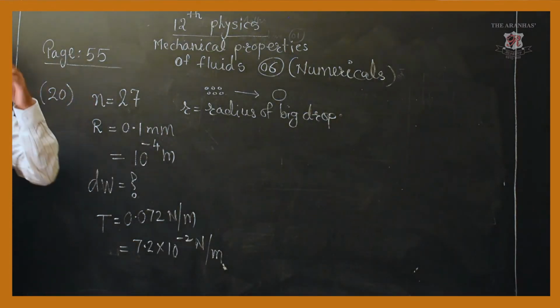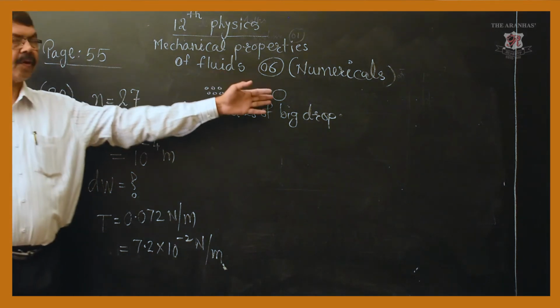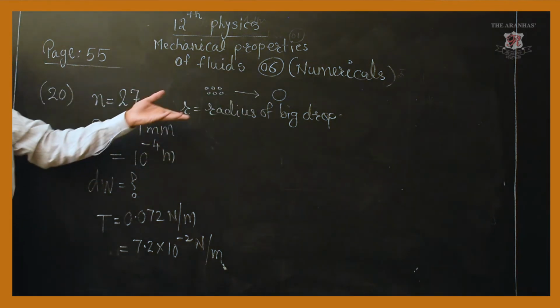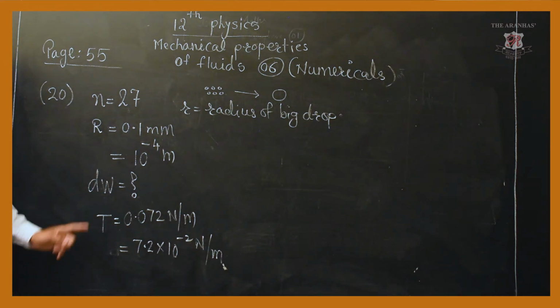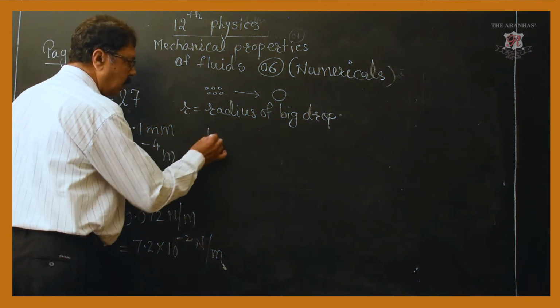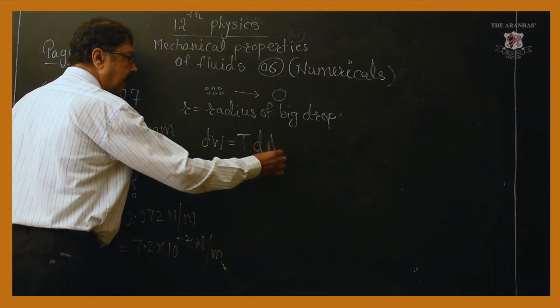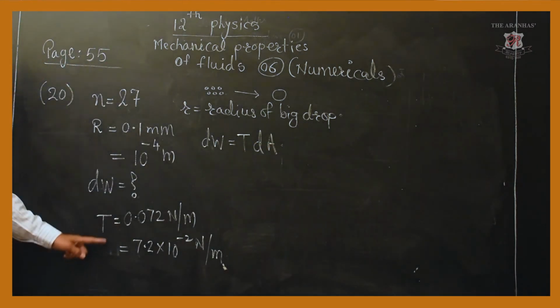So small droplets come together, they form a bigger drop. Obviously, the radius of the bigger drop will be bigger. Now what I want to find out is dW. Do you recall this formula? dW equal to T dA, where T is given.